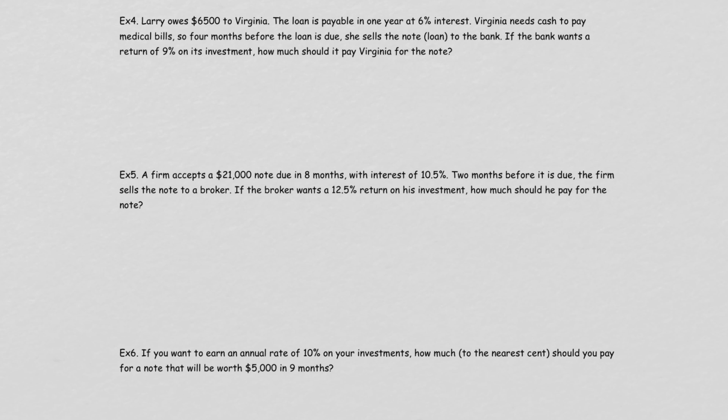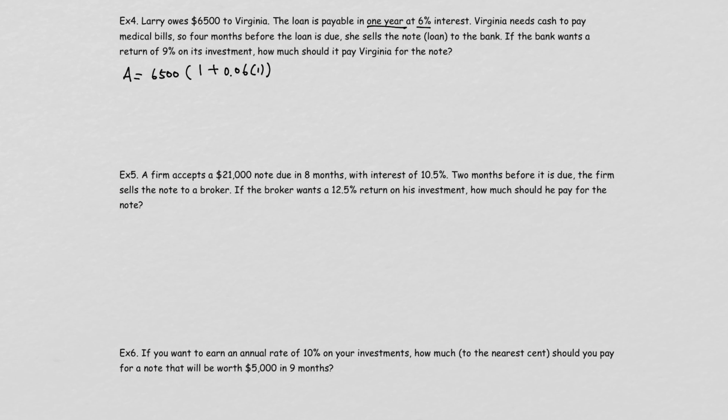So the first thing you want to find is going to be the future value of the loan, right? So if we want to find the future value of the loan, let's do the amount equals 6,500 times 1 plus, the loan was 6%, so it'll be 0.06 for 1 year times 1, right?